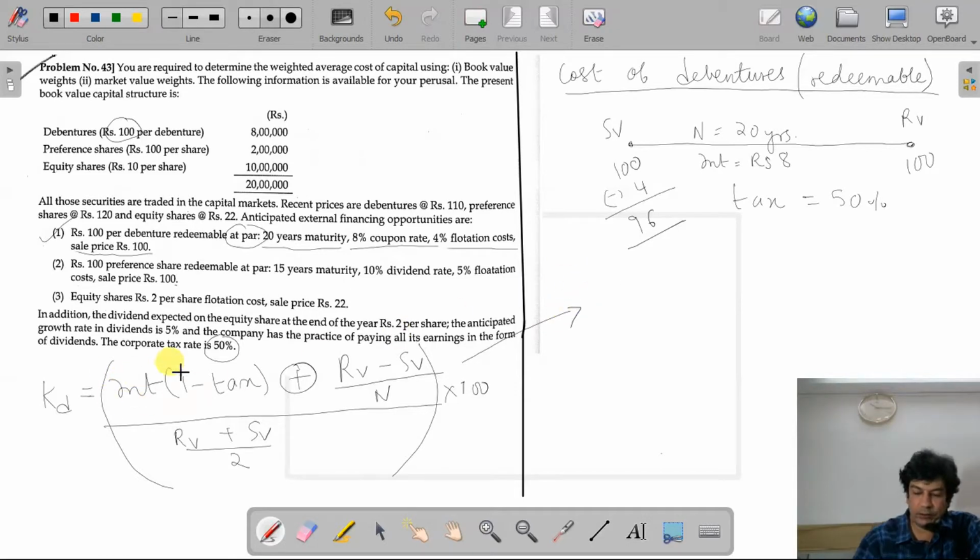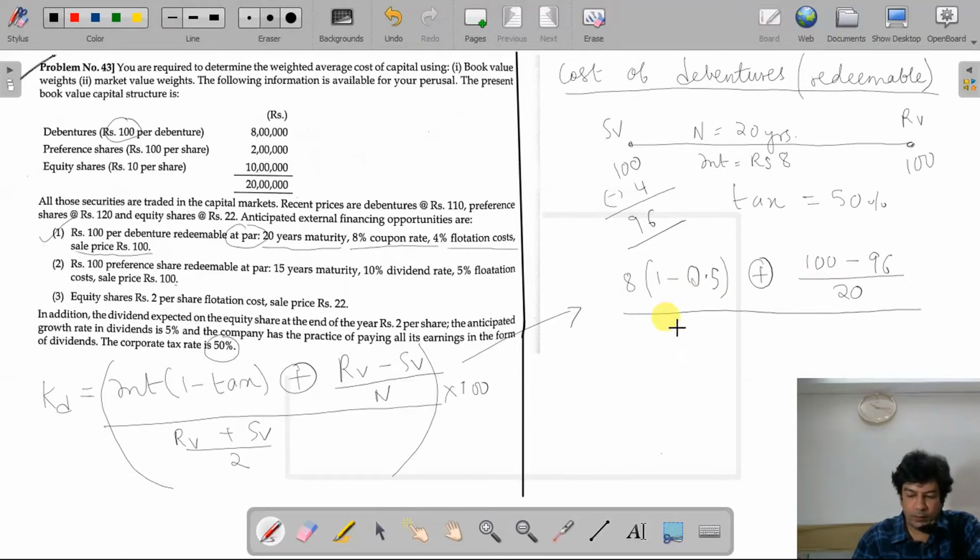So the interest part is 8. 1 minus the tax is 50%, that is 0.5, plus the redemption value is 100, then the sale value is 96, divide by the number of years which are 20, upon the redemption value, which we will take as 100, then the sale value will be taken as 96.